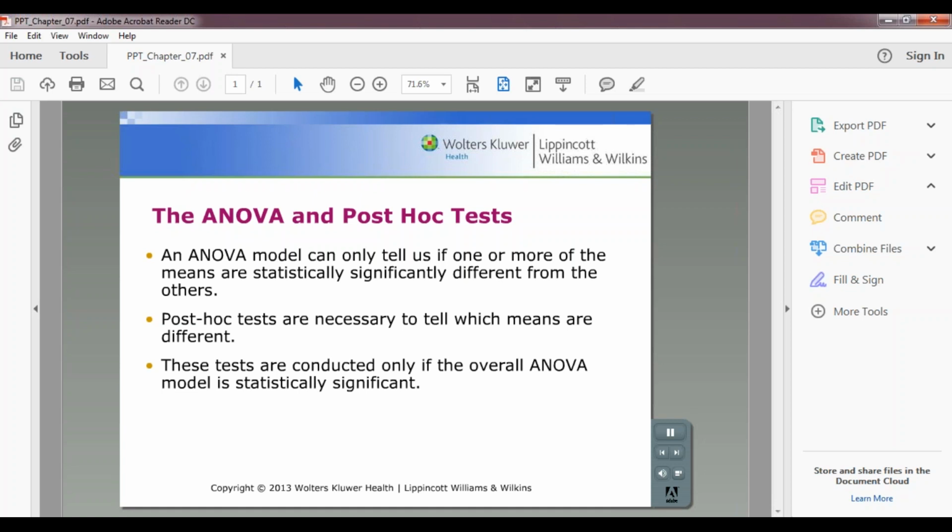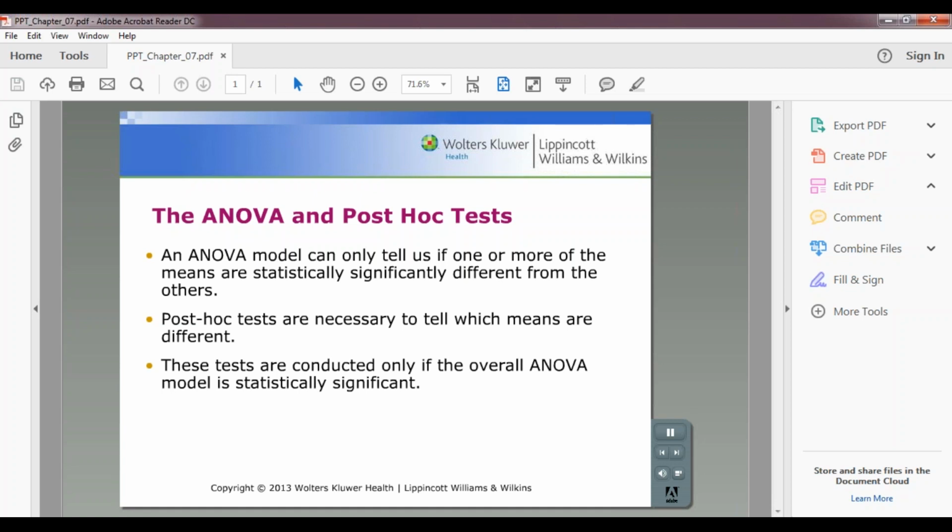Okay, but here's the important part here, and this has to do with post-hoc tests. The analysis of variance is going to tell us whether the results happen by chance or not between the 3 groups. And it could be 4 or 5 or 6 or more, but just staying with our example of 3. It doesn't tell us if 1 is different from 3 or if 2 is different from 1. It just tells us that the results didn't happen by chance.